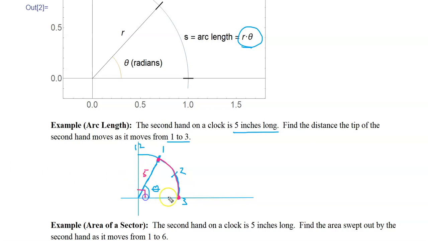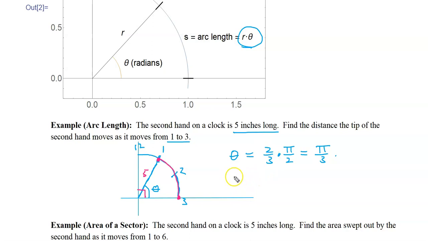It looks like theta is going to be 2/3 of 90 degrees. So the angle theta is going to be 2/3 times pi over 2, or just pi over 3, which is 60 degrees. And that makes sense from this picture that that should be 60 degrees.